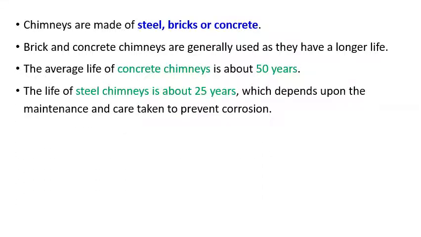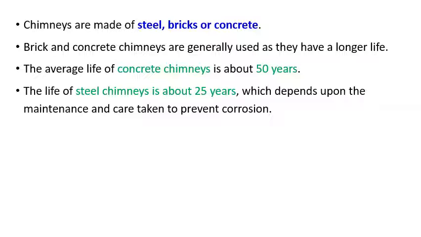The life of a steel chimney is about 25 years, which depends upon maintenance and the care taken to prevent corrosion. As I discussed, one of the main culprits in combustion is sulfur, which is present in the fuel.